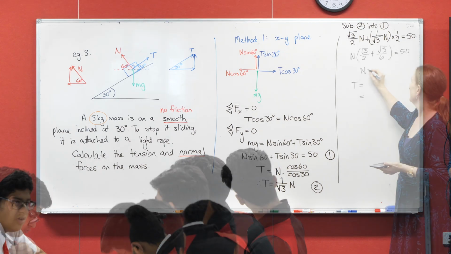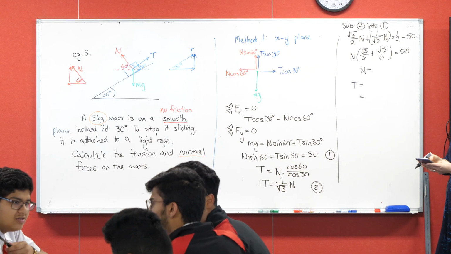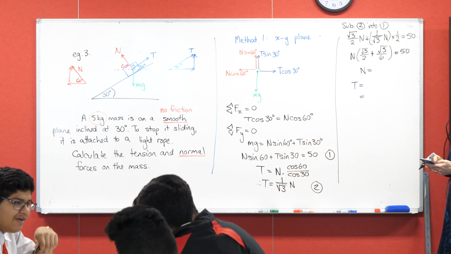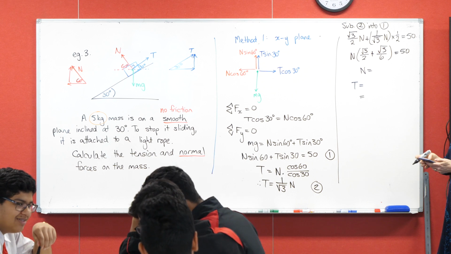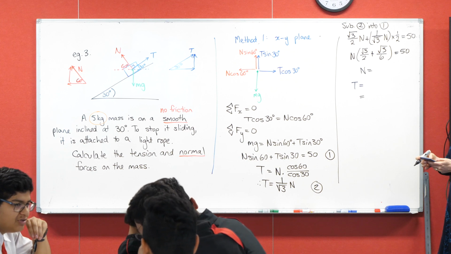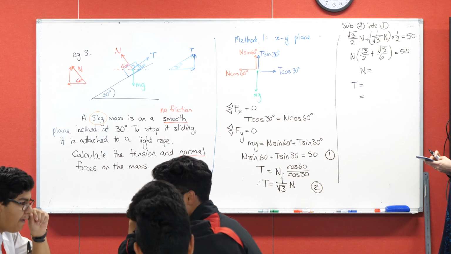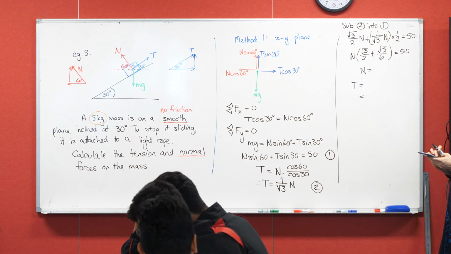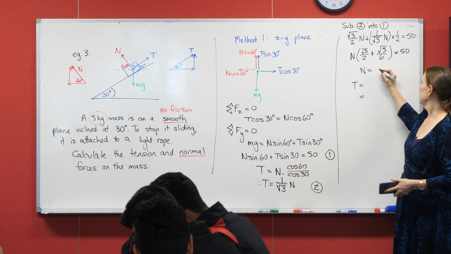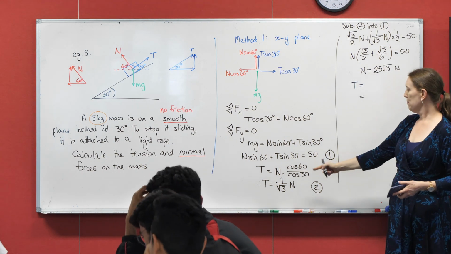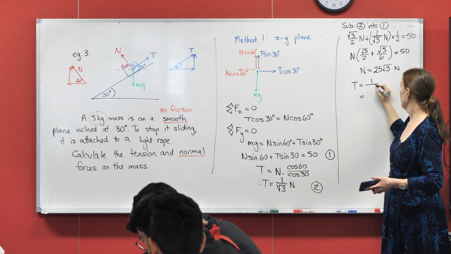Do you agree? So now when we do it, we get root 3 on 2. I'm like, this is a bit too large. Plus root 3 over 6. And we get 50. There we go. 25 root 3, that looks better. And then popping it down here.